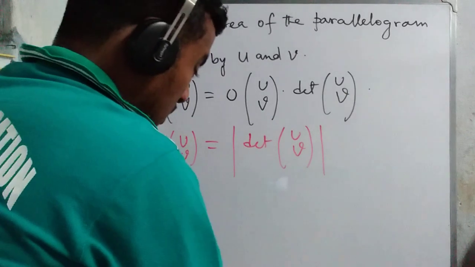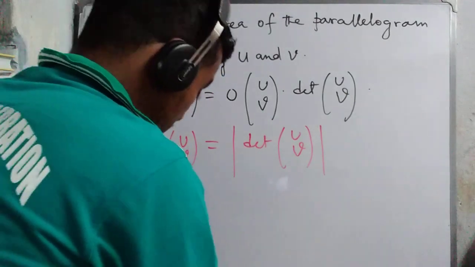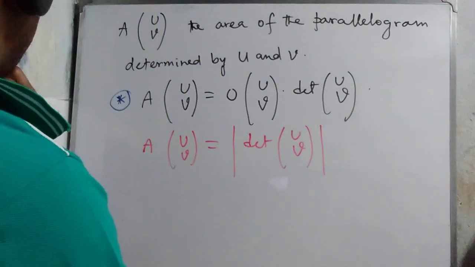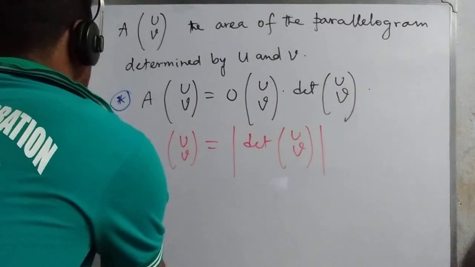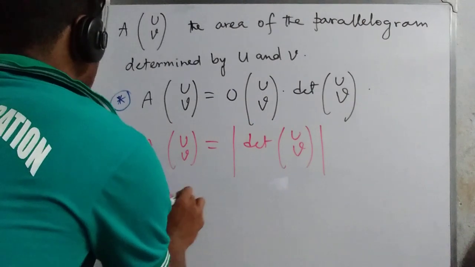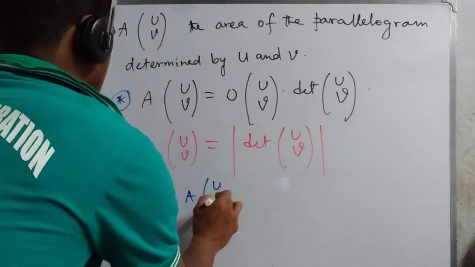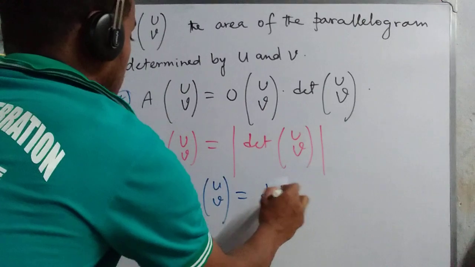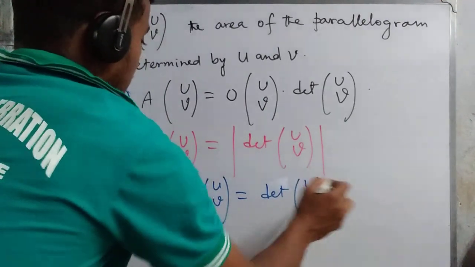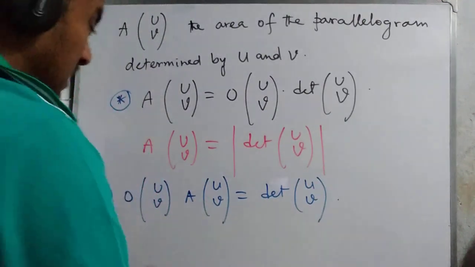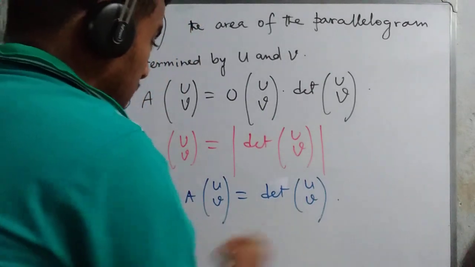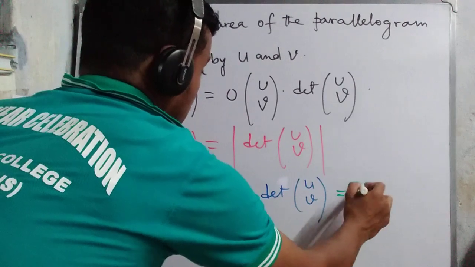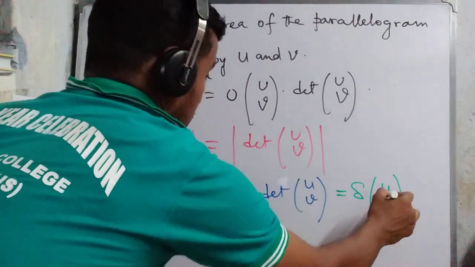So now we also go to the discussion about that. The orientation of (U,V) times the area of (U,V) equal to the determinant of (U,V). This implies, then what happened? This one we denote in this way, delta (U,V).